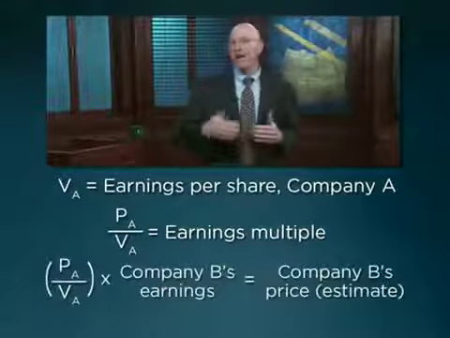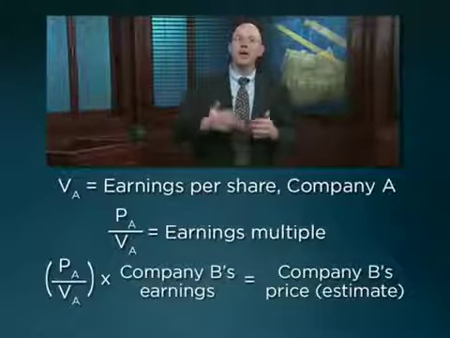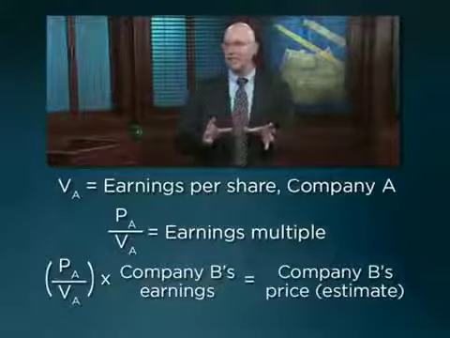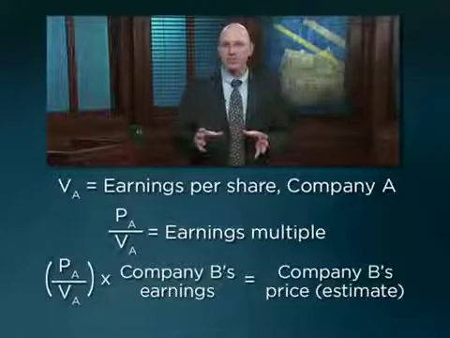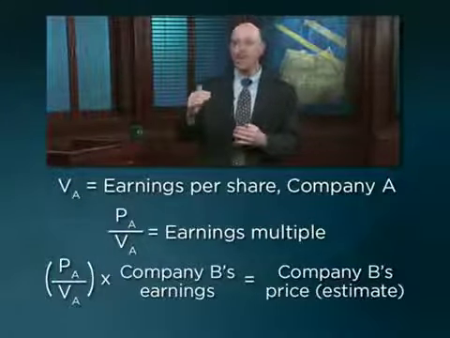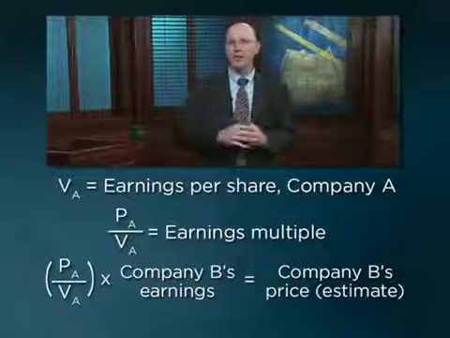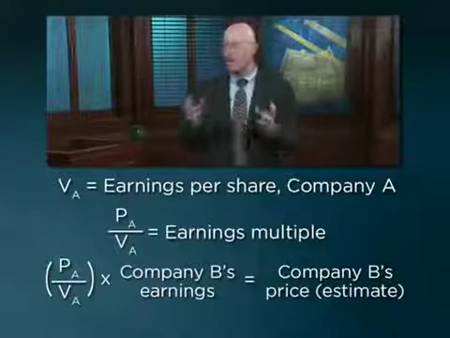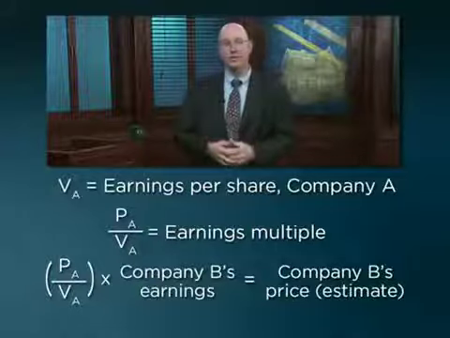We multiply company A's earnings multiple times company B's earnings to get an estimate of company B's price. Then, if the market price of company B's stock was less than the predicted price, we'd want to look deeper into company B to see whether there's more information about company B that indicates that it would be a good investment. This method seems pretty simple, so let's think more carefully about actually using it to estimate some stock prices and see if it really is as easy to use as it appears to be.